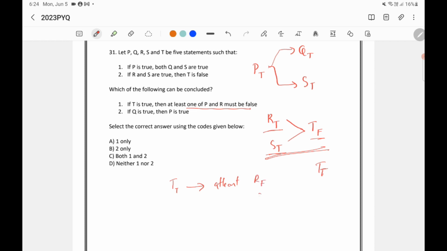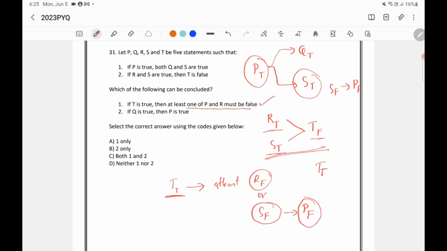So R is false or S is false. Now, as I have already mentioned, if P is true, then S is true. That means if S is false, P has to be false. So we can say that if T is true, then either R is false or P is false. So this is actually correct.